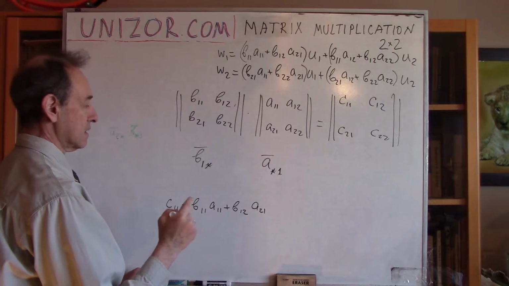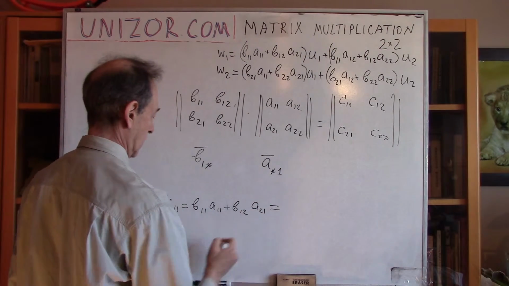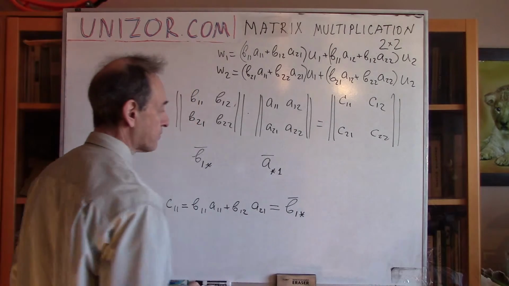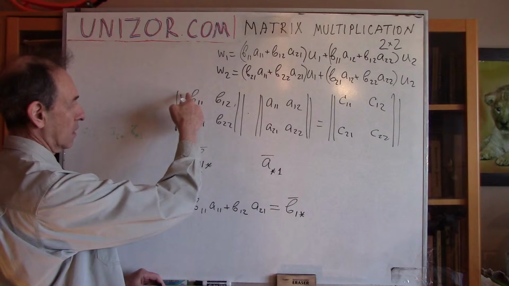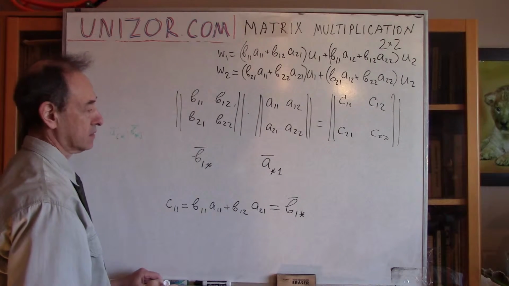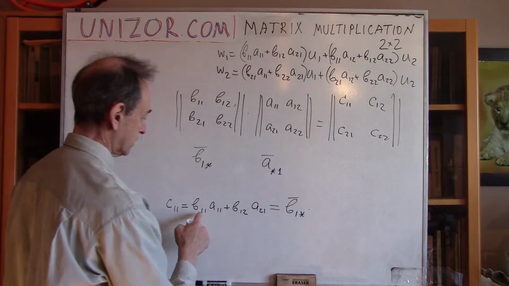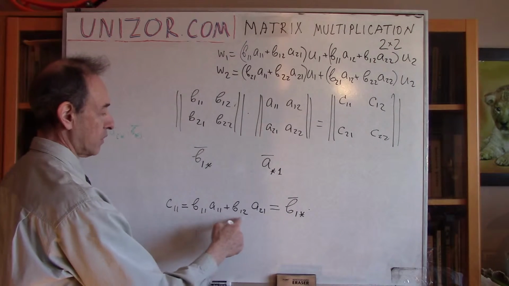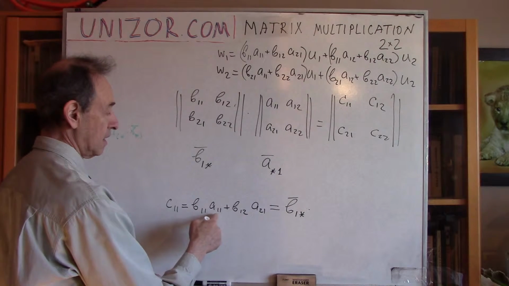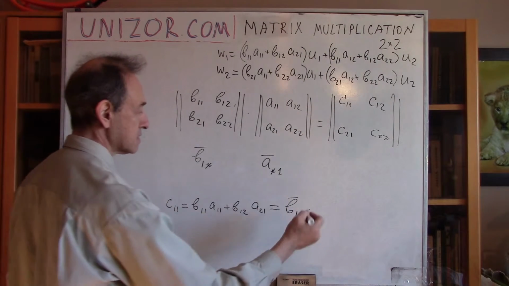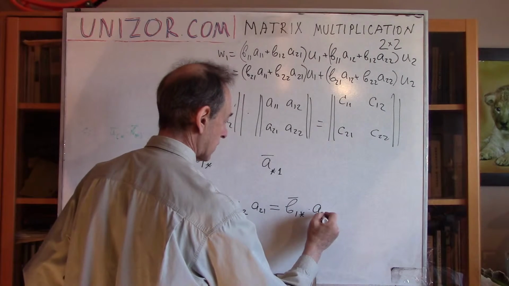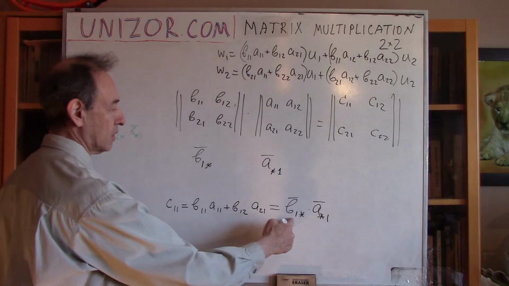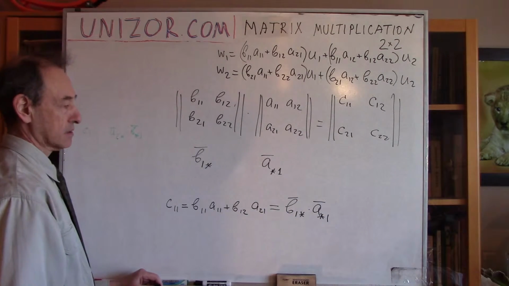So what I can say is the following: this is equal to b1 asterisk, which is the first row vector, scalar product, because this is looking actually like a scalar product of two vectors, right? b11 and b12 are components of one vector, and a11 and a21 are components of another vector. Which one? This vector. So I'm taking the first row multiplied by first column vector.